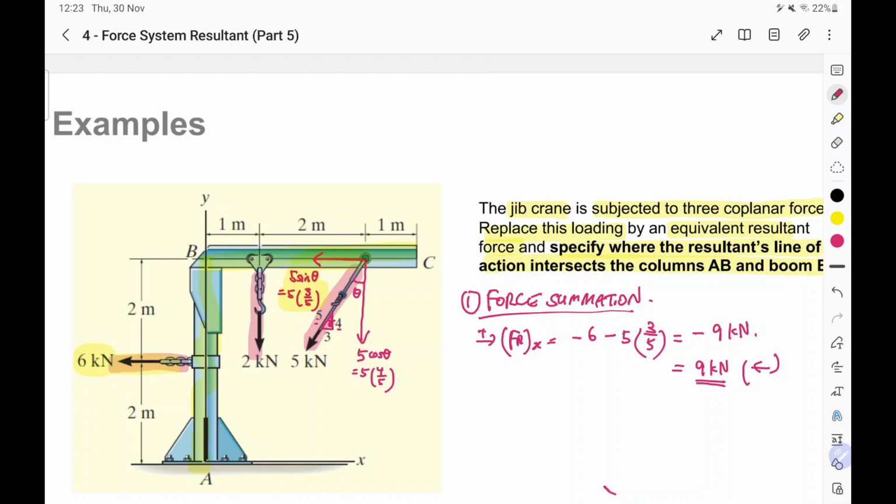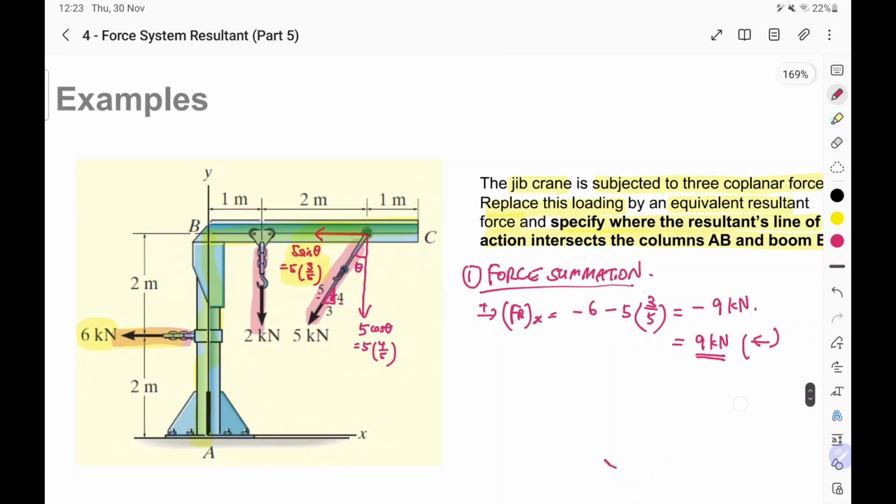Okay, now that's done. And the next step, let us calculate the total resultant force in the y direction. Quite straightforward, assuming the upward direction as positive. So let's find the resultant force in the y direction. So what is there in the y direction? You have these 2 kilonewton pointed downward. So because it's pointed downward, in our equation it becomes -2.